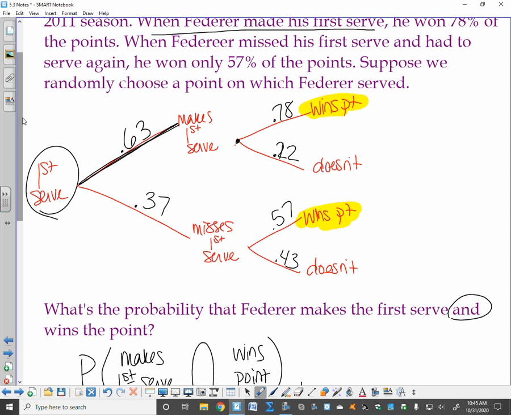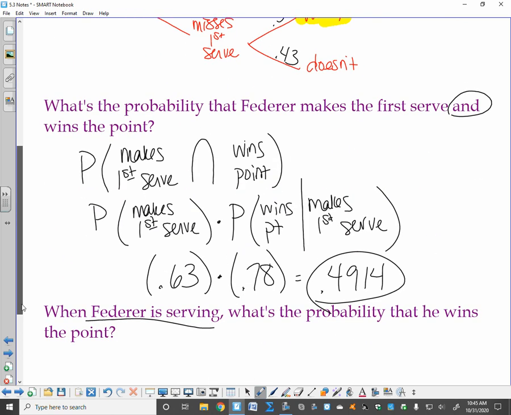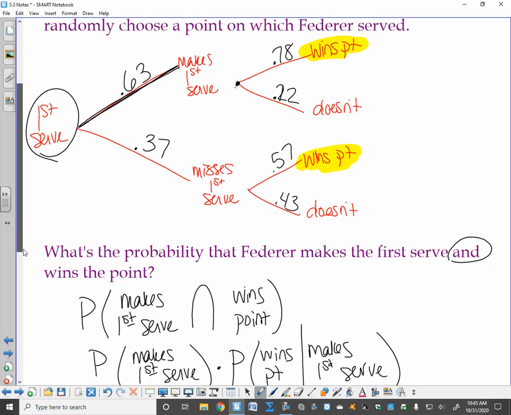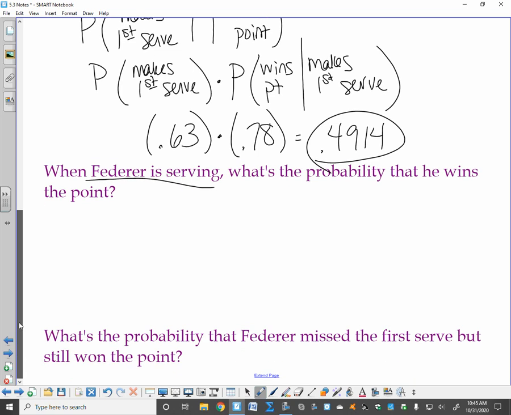He can win the point if he wins the point given that he made the first serve, or he can win the point given that he's missed the first serve. Okay, now here's where the wheels come off for a bunch of students. They don't know how to write this with statistical lingo, and that's what I'm going to be grading you on.